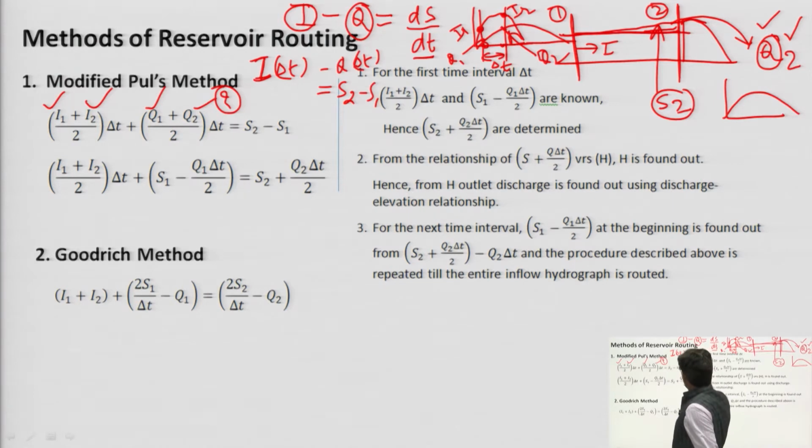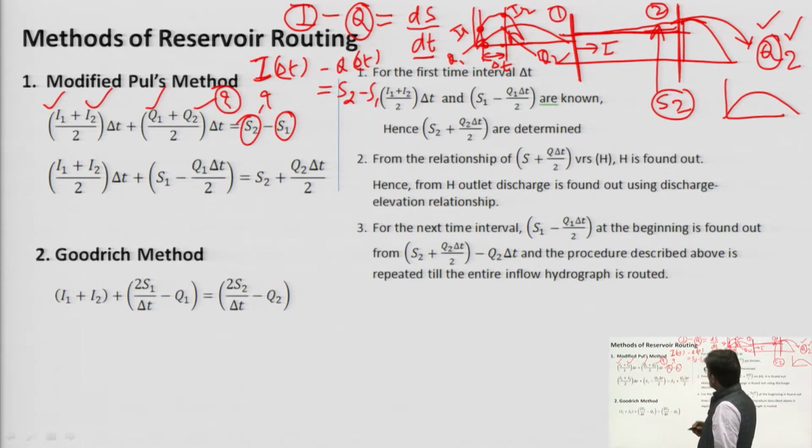S1 is also known to us, because it is the quantity of water stored within a certain duration at section 1. S2, the quantity of water stored at section 2, is not known.